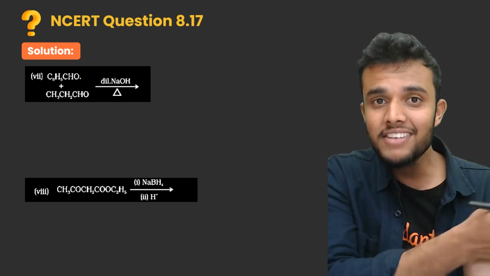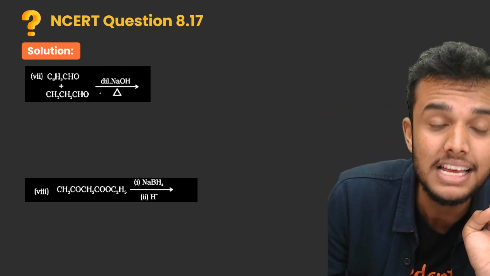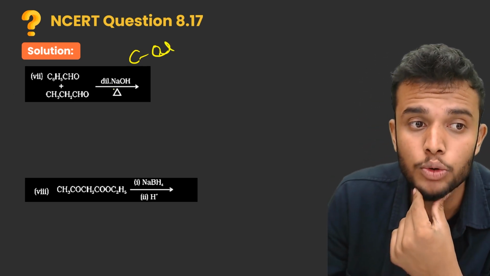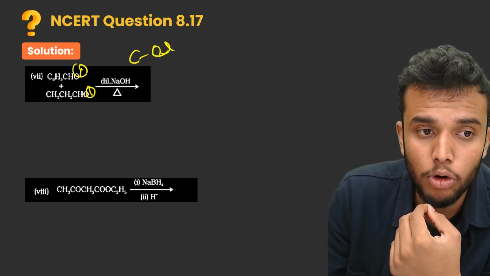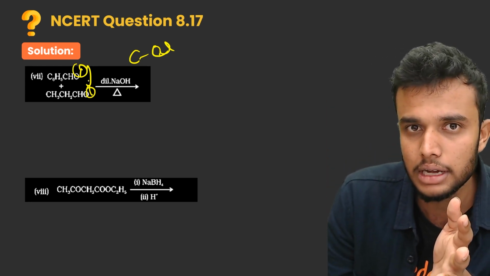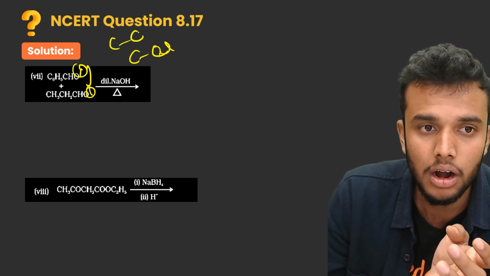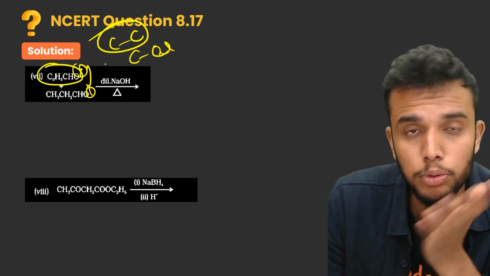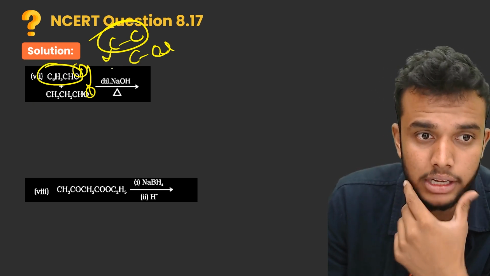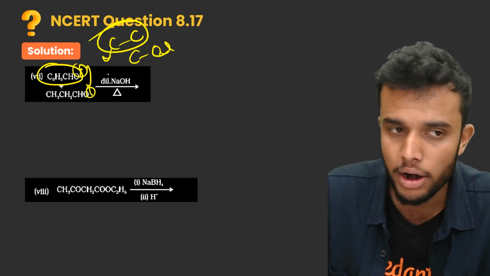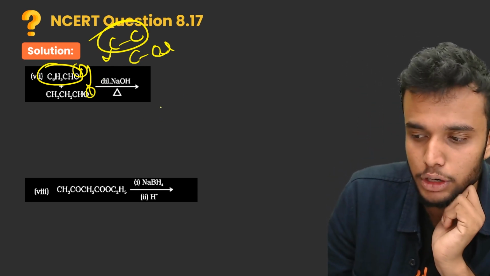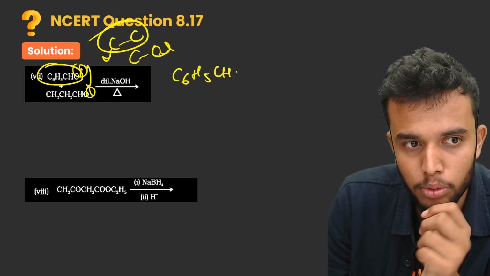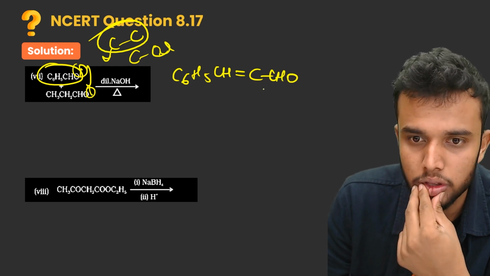We already discussed this in the previous exercise. This is a cross aldol condensation. In this cross aldol condensation, C6H5CHO has no alpha hydrogen, while the other molecule has alpha hydrogens. That's why it gives four products, but the major product is this one: C6H5CH double bond C(CH3)CHO.